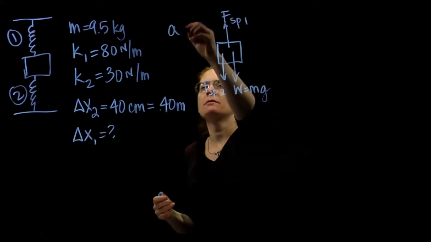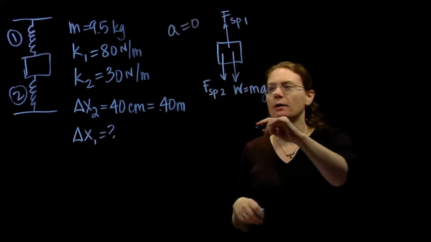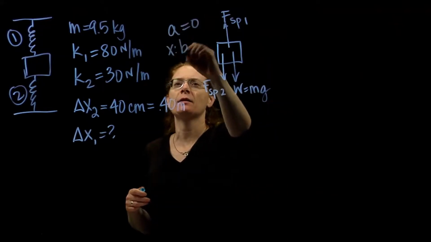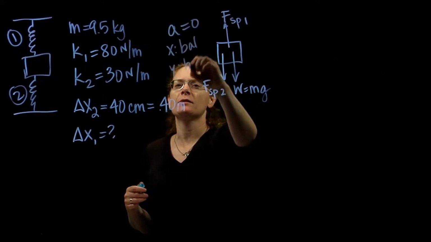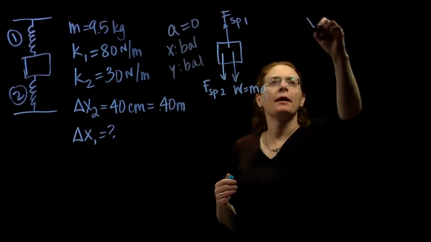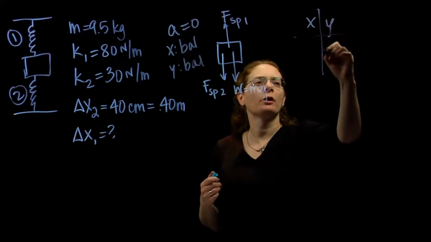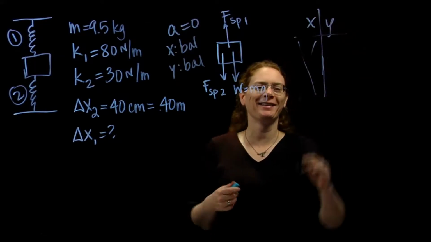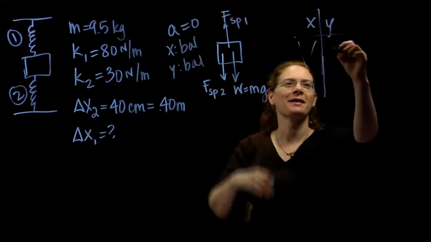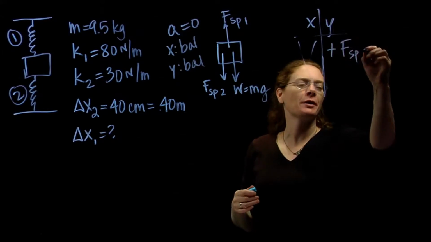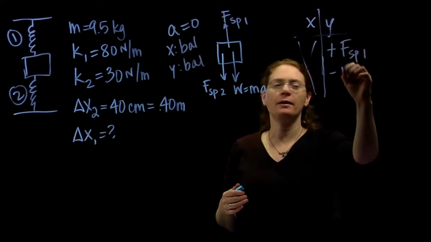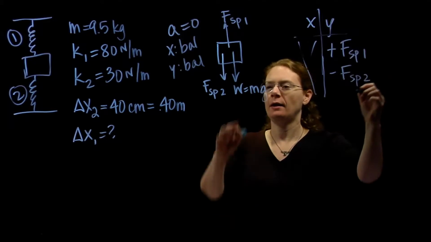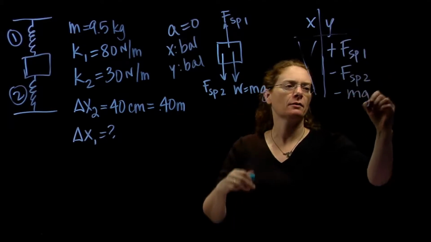It's holding still, so there's no acceleration, which means x is balanced, y is balanced. My xy chart is kind of boring because there are no horizontal forces. I have a positive spring 1 force, a negative spring 2 force, and a negative weight, mg.